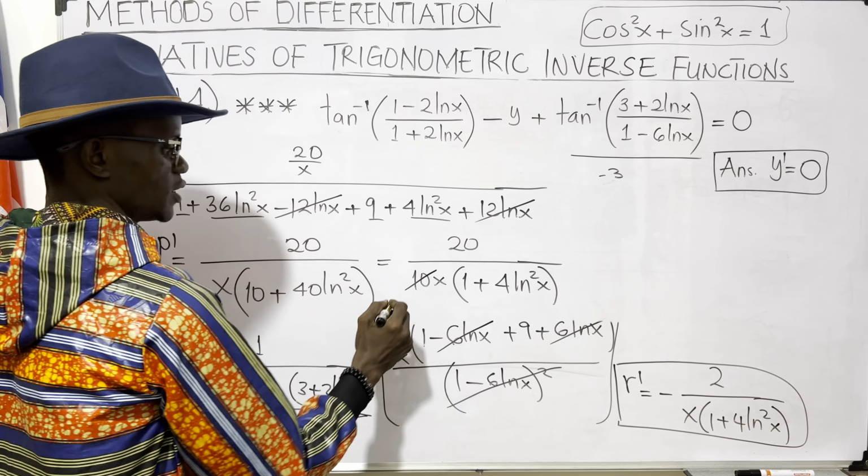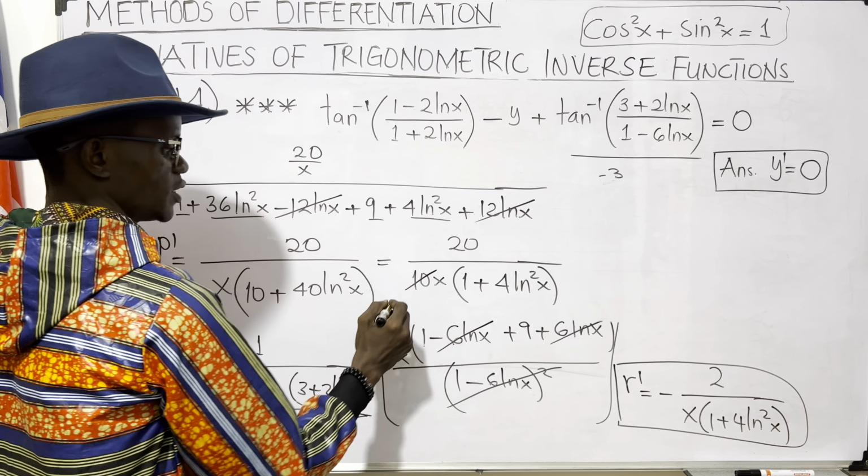We take this one, the derivative of this is equal to this one, which is positive 2 all over x times (1 plus 4 ln squared of x), all equals the derivative of y, which is just y prime. So this cancels this. So y prime is just equal to 0. So that is it.